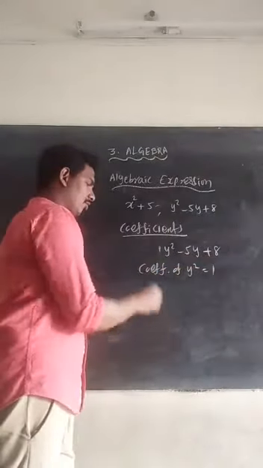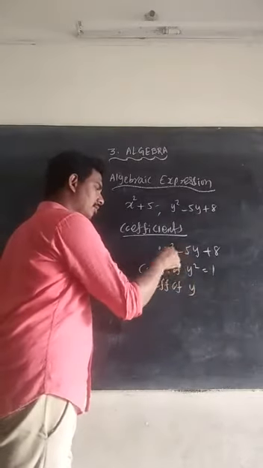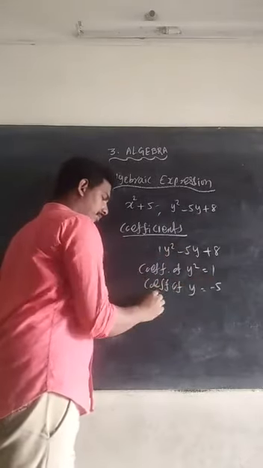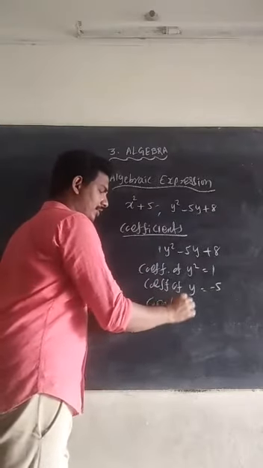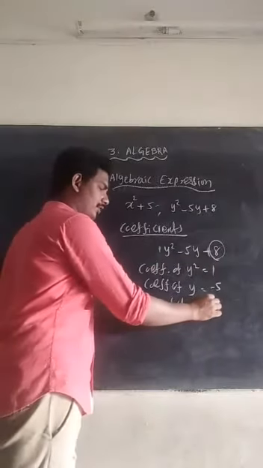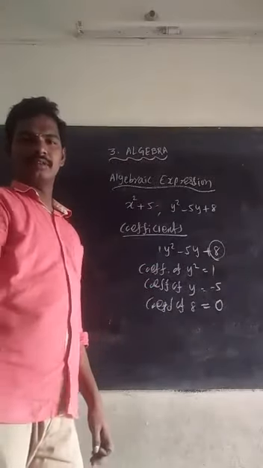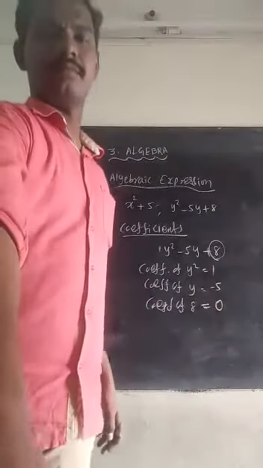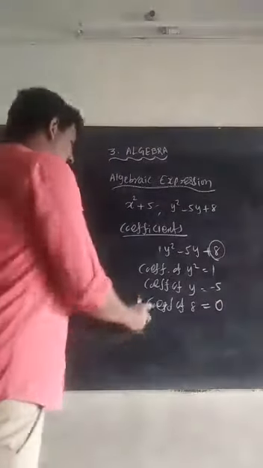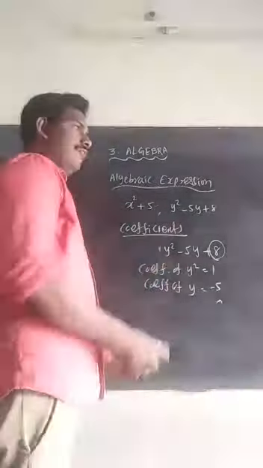Coefficient of y square is 1. If they ask the coefficient of y, what is the number before it? -5. Next, coefficient of 8. This is the constant, no? For a constant we don't have a coefficient, so we have to say 0. Okay. So a constant doesn't have any coefficient. We will leave it; they won't ask for a constant's coefficient.